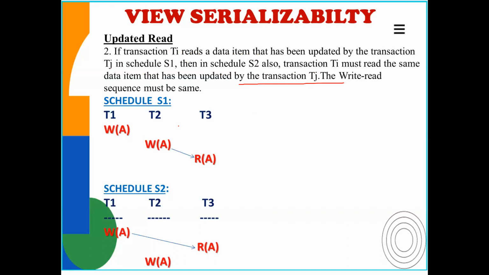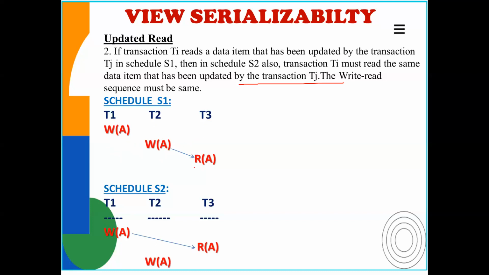Let's see that with an example. See here, you have a write-read sequence. In S1 and S2, we have only one data item A. Consider transaction T3.